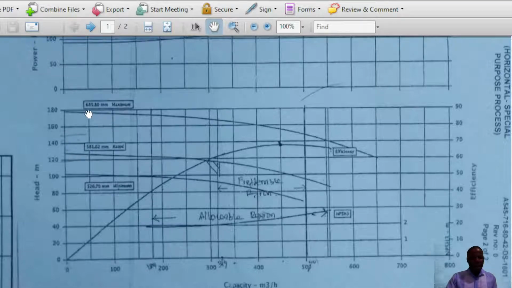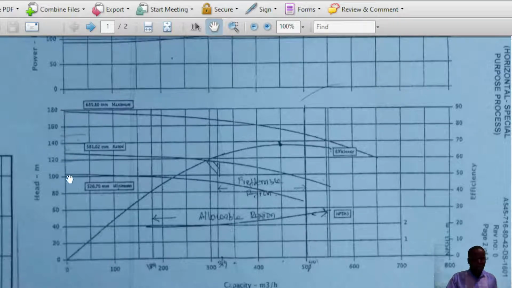On a typical centrifugal pump curve, we have the pump head plotted on the vertical axis and the pump capacity plotted on the horizontal axis. So for the head at maximum impeller diameter, you come to the pump curve for the maximum impeller diameter, where it touches the head.